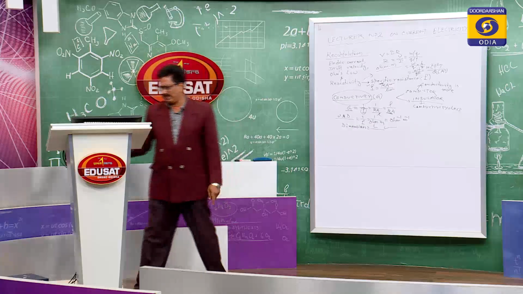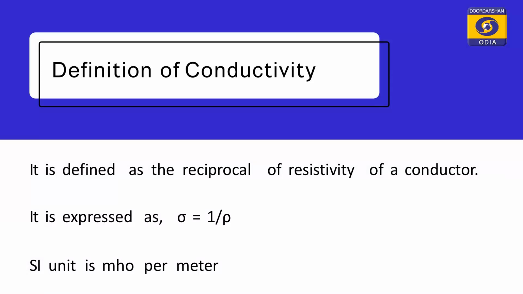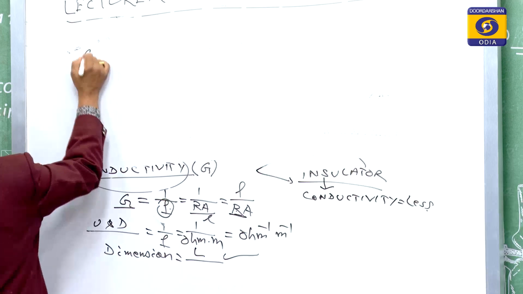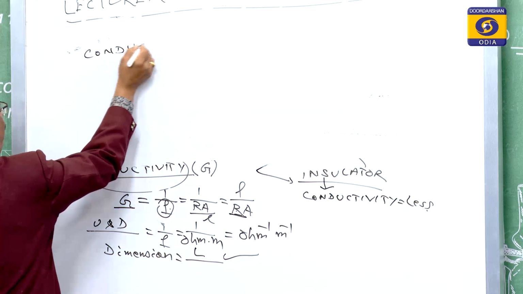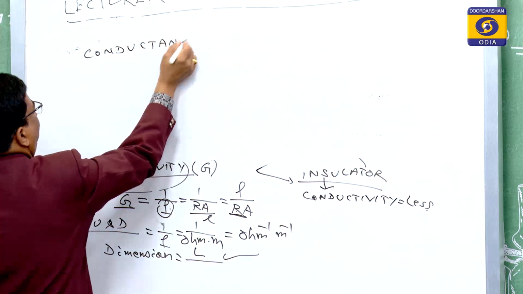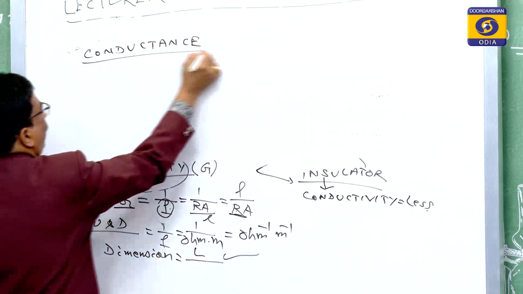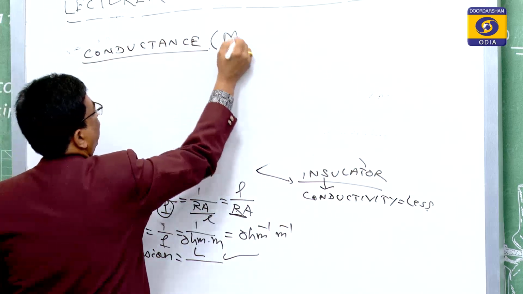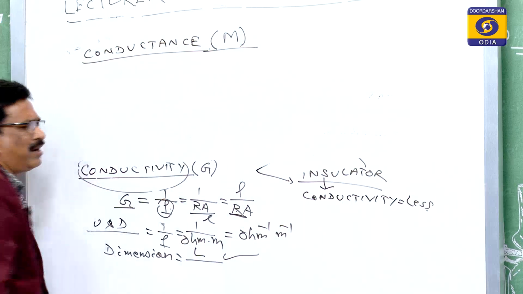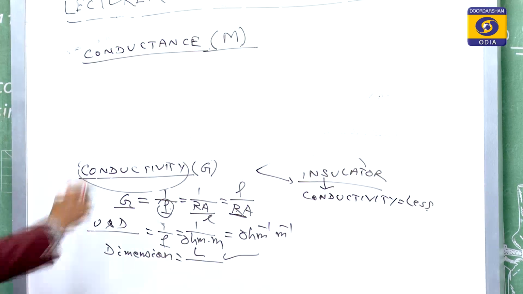Next we will go to conductance. Suppose we write here the symbol M for conductance.